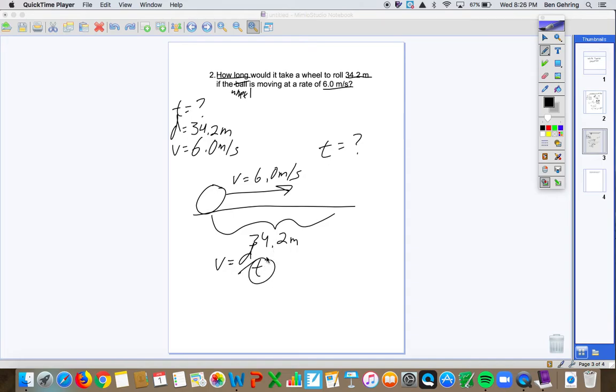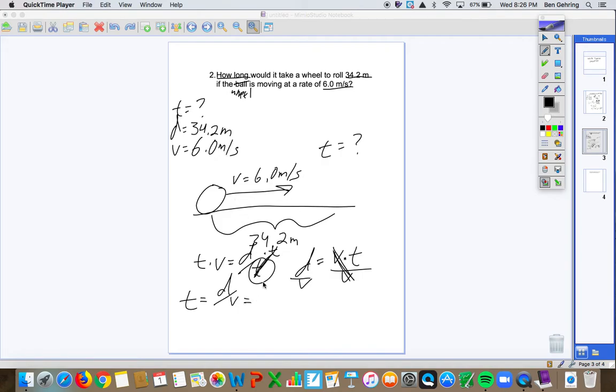I'm solving for t, so I need to get it off the bottom, so I need to multiply on both sides by t, so I'm left with distance equals velocity times time. And now to get t by itself, I'm going to divide both sides by velocity. On this side my v's cancel, so d over v equals t. So there's my t equals distance divided by velocity.